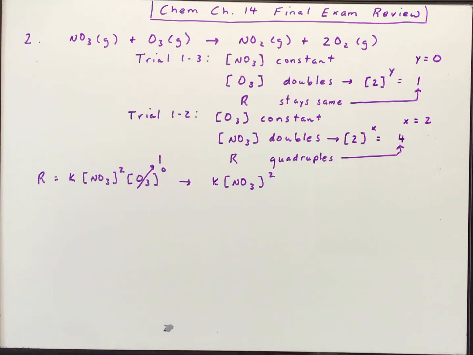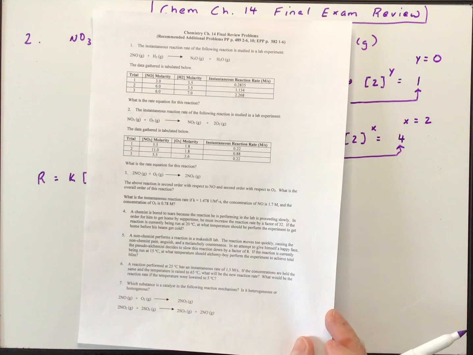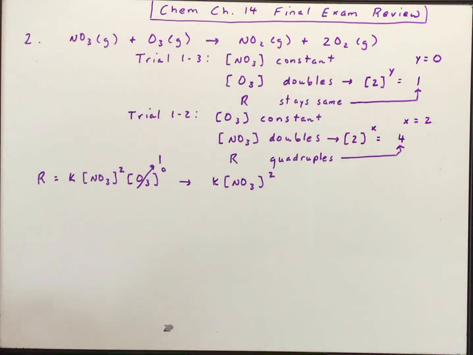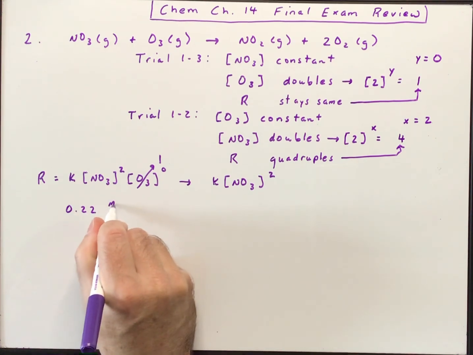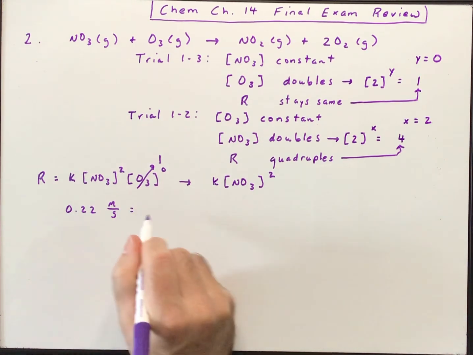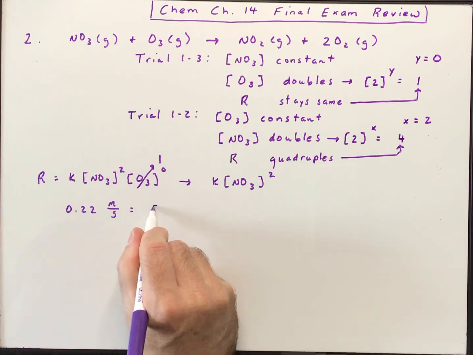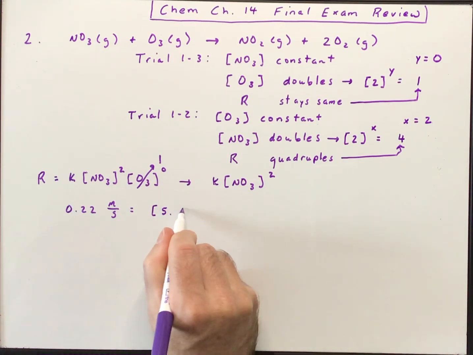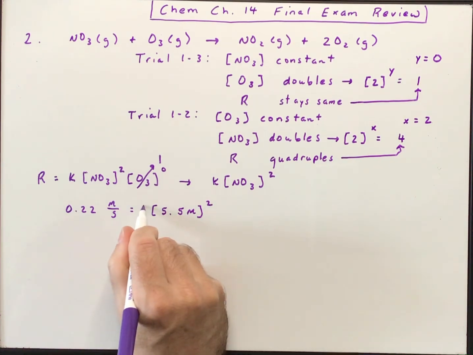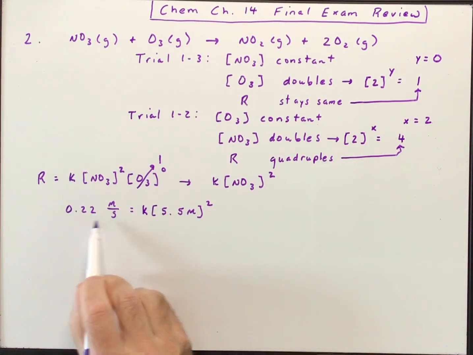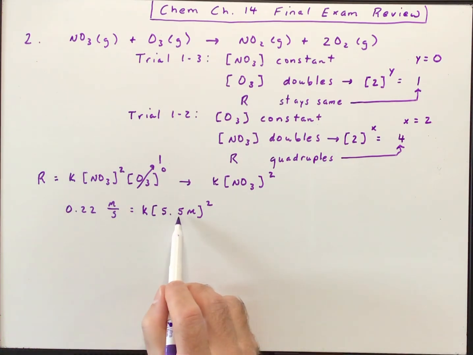So let's look at the data in trial 1 and fill it in and try to solve for K. So we've got a reaction rate of 0.22 is equal to K times the concentration of NO3, which is 5.5, squared.